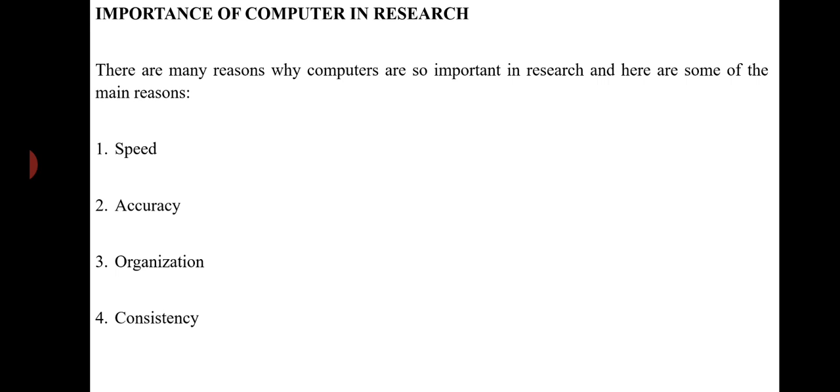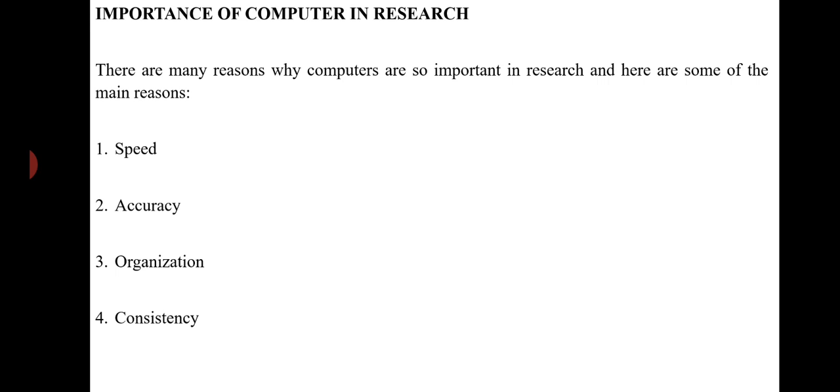And the last one is consistency. A computer is a machine, so it cannot make any mistake, and it cannot get tired or suffer from lack of concentration, which humans can sometimes suffer from when working.